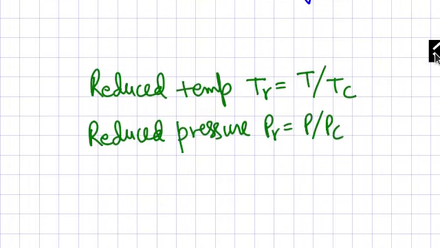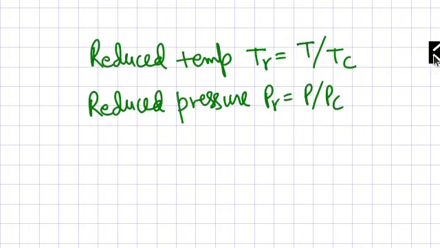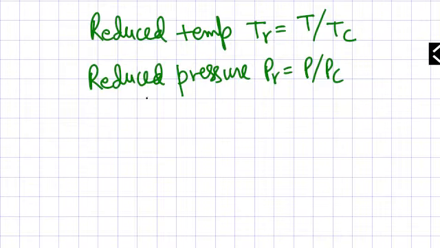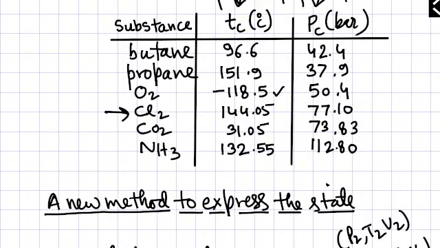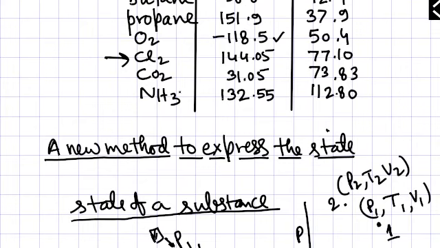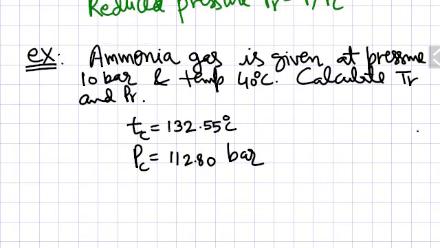Now we can do one more example, then we can end this lecture. I am taking one more example so that there is no confusion about this. This time what gas can we take? We can take ammonia. So this is the numerical. Ammonia gas is given at pressure 10 bar and temperature 40 degree centigrade.